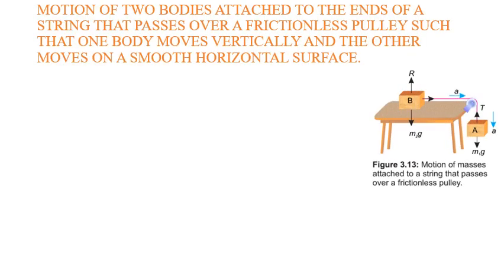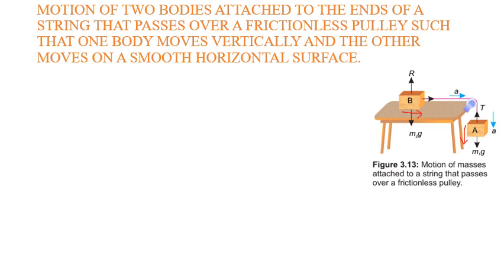And now moving forward, another objective of this lecture is that we will also derive the formula for the situation over here. One body will move vertically, it may be downward, or there may be some possibility that the body will move upward, but over here this body will move vertically, downward or upward, and this body will move horizontally.